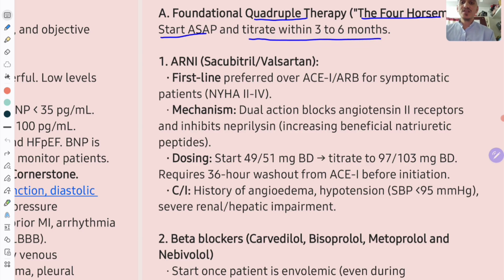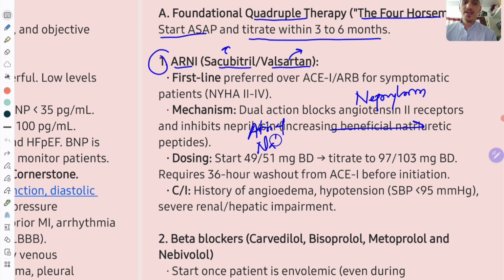Okay, so number 1 in that is ARNI. ARNI is nothing but angiotensin receptor neprilysin inhibitor. The famous combination is sacubitril and valsartan. Sacubitril is the neprilysin inhibitor, and valsartan is the angiotensin receptor blocker. So what is this neprilysin? Neprilysin breaks down the atrial natriuretic peptides to some products.